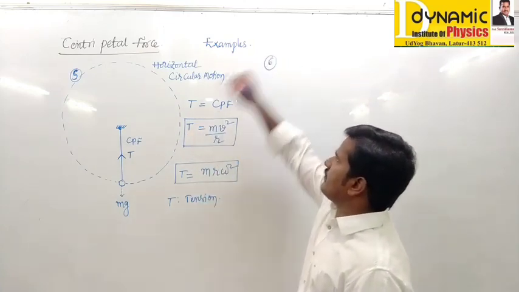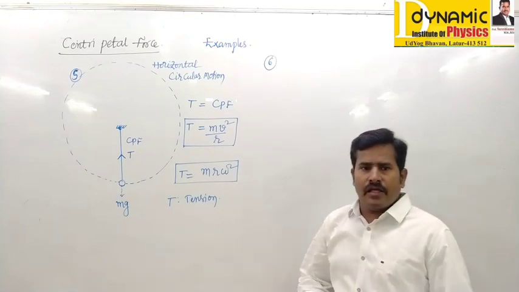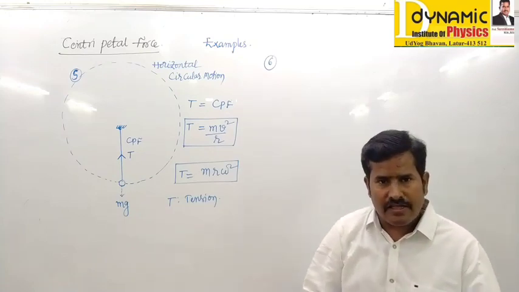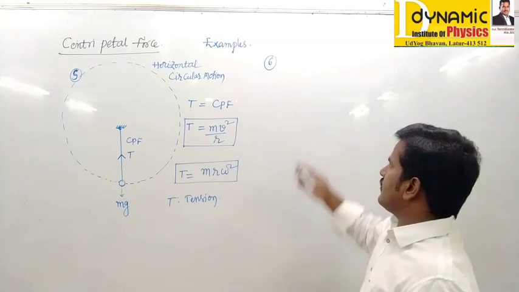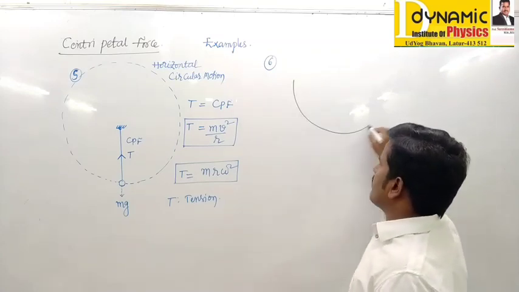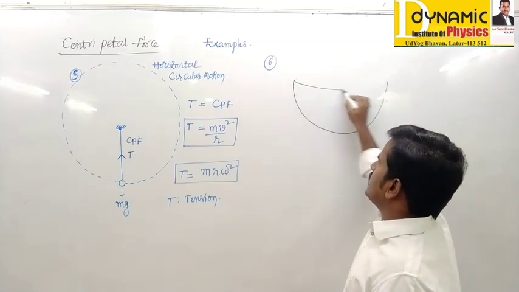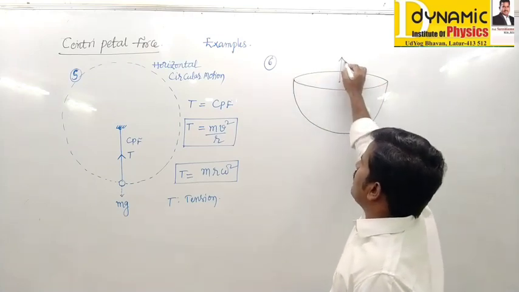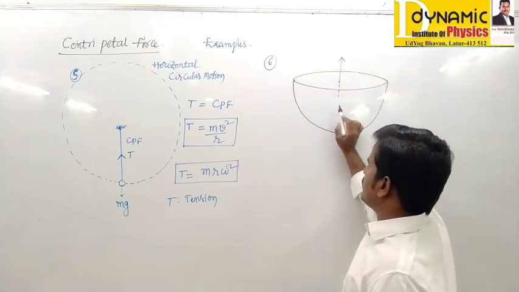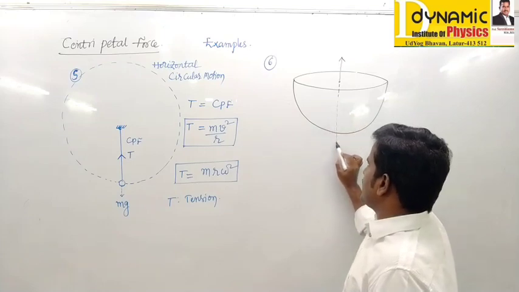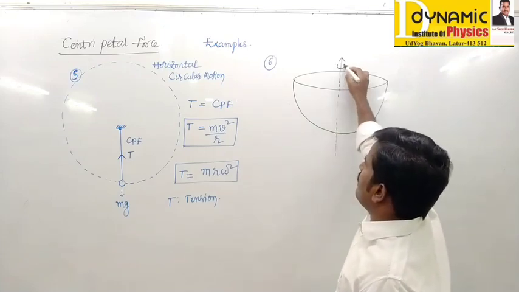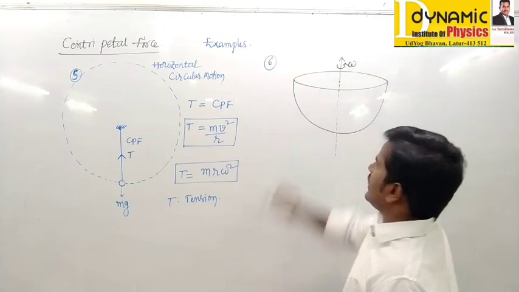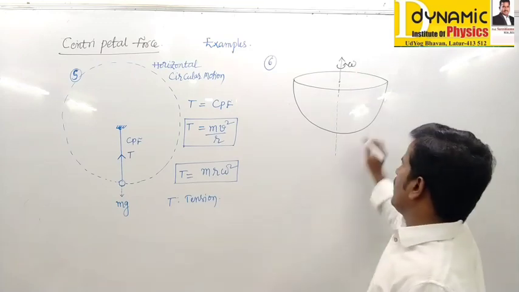And the next one is, suppose a body rotates in a bowl. When this bowl is in rotatory motion, the bowl rotates with an angular velocity of omega.